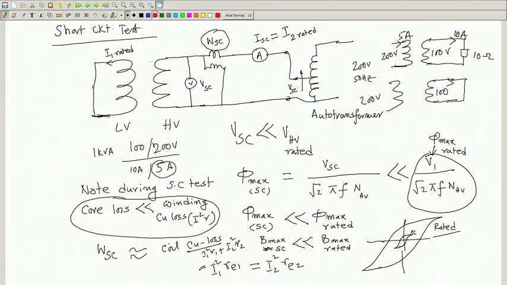This portion, I think I told you, you can easily show. So this is the thing.